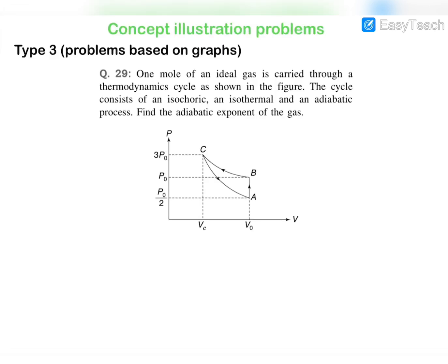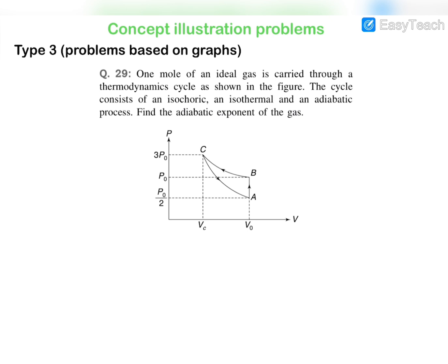In this question, you can see that this is a PV graph or PV cycle for 1 mole of an ideal gas which is carried through three processes. One of these processes is isochoric, one is isothermal, and one is adiabatic.